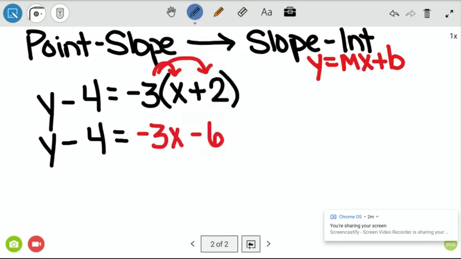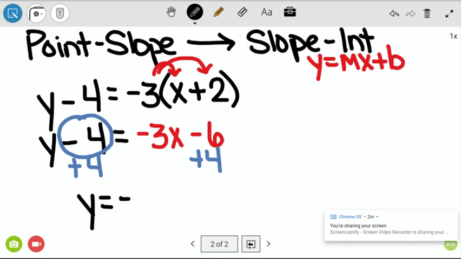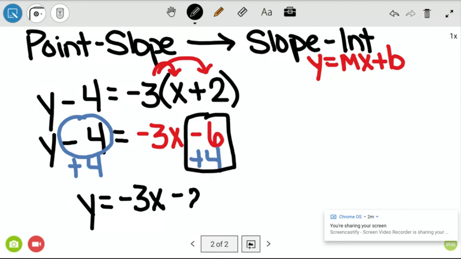Then for the final step, we want it to say y equals. In order to do that, we need to move this negative 4 over to the other side, so we're going to add 4 to both sides. And then simplify. We get y equals the negative 3x comes down. Then the negative 6 plus 4 becomes negative 2. So then our y is by itself, and we have our x term first and our constant term second, and so there we have it.